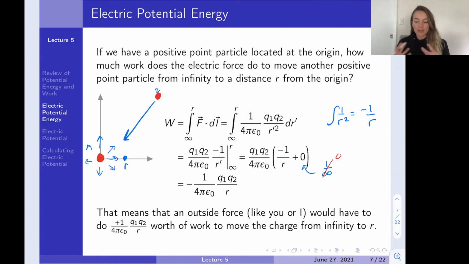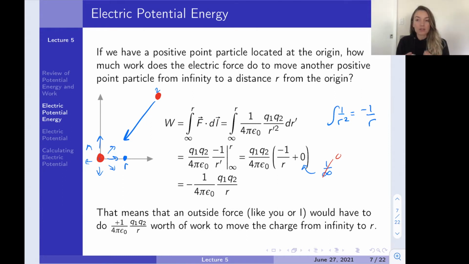So now remember that this means that an outside force like you or I would have to do the opposite amount of work. So if I physically wanted to move this charge from here into here, I would have to do negative, negative, which is a positive amount of work, to move that charge from infinity to r.